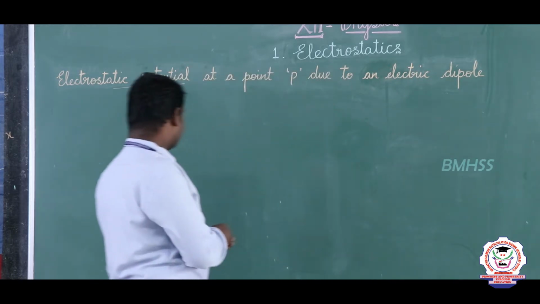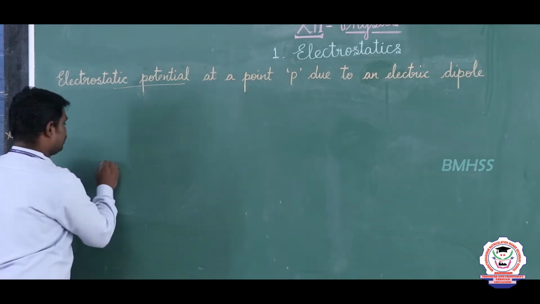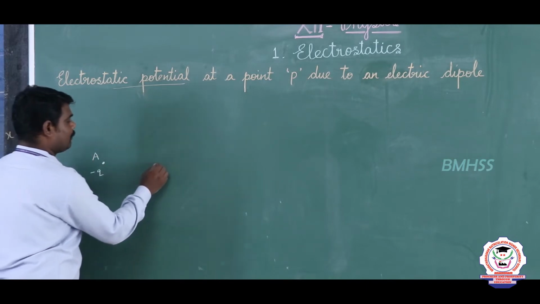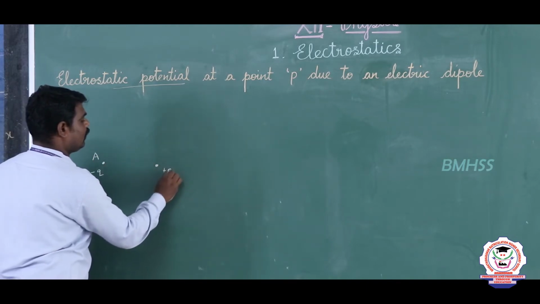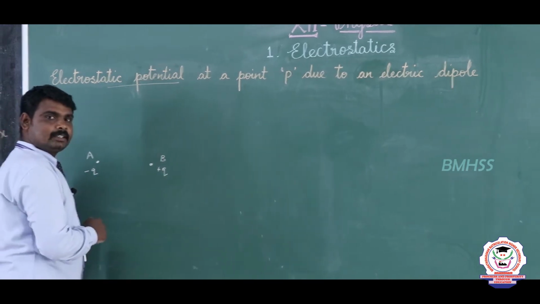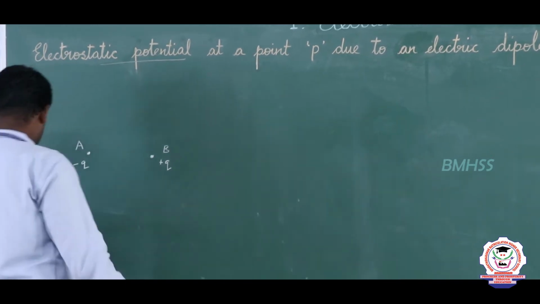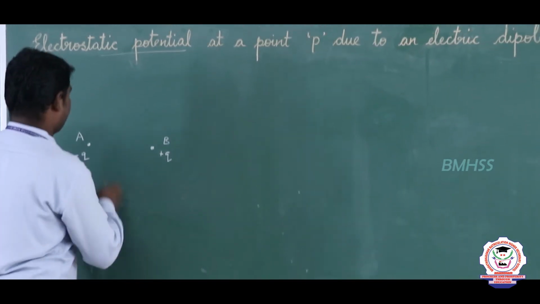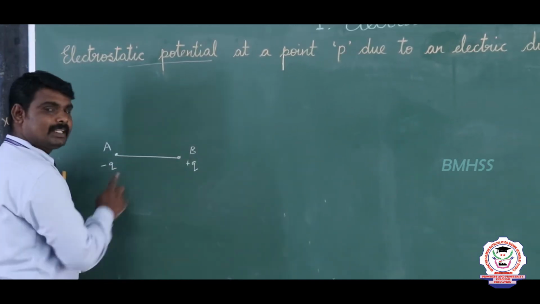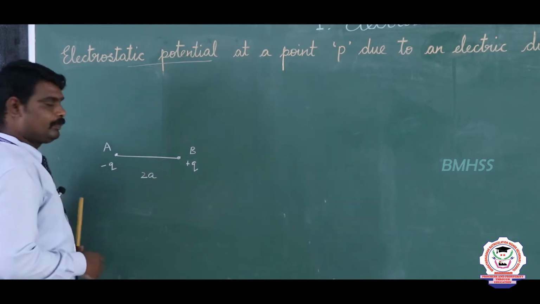Yes, let us consider two point charges, minus q at point A and plus q at point B. The two point charges are separated by a small distance, the distance is 2a.